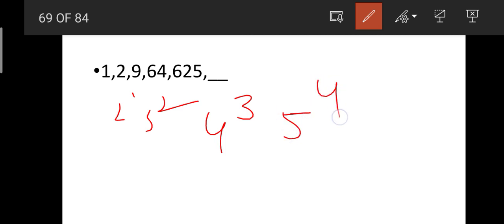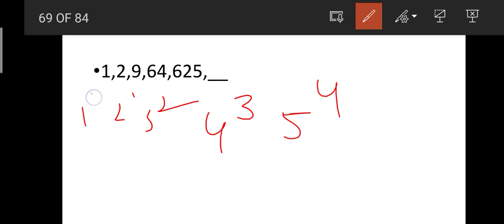Okay friends, this is very simple question. Try it. Okay friends, if you observe here, it is 2 power 1, 9 is 3 square, 64 is 4 cube, and 625 is 5 power 4.